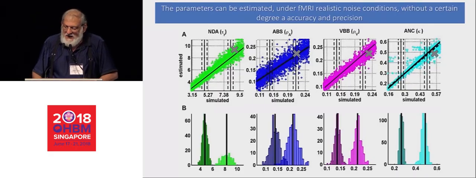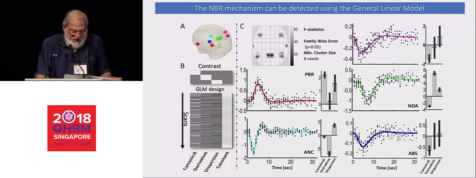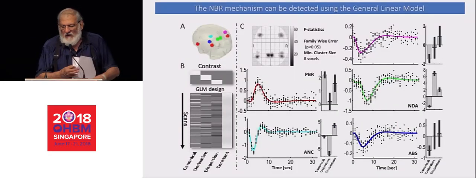You can see that the nominal and the estimated values are quite close, and actually they're tightly non-dispersed around the true value. So we have both accuracy and precision.